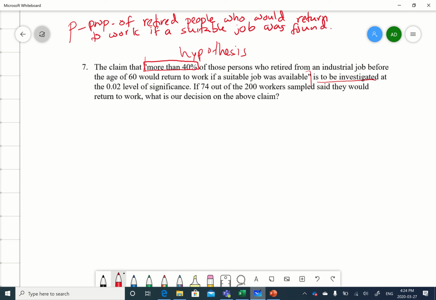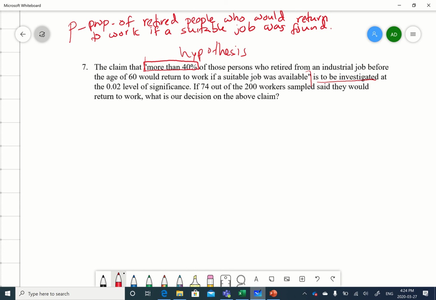So if anybody who retired before 60 could find a suitable job, they might consider going back into the workforce, right? So that's the exact idea.